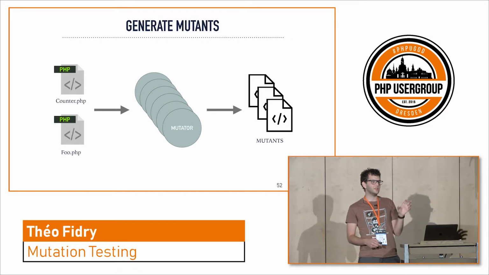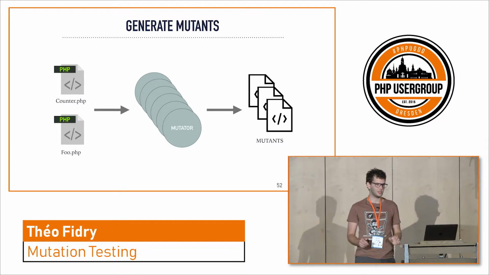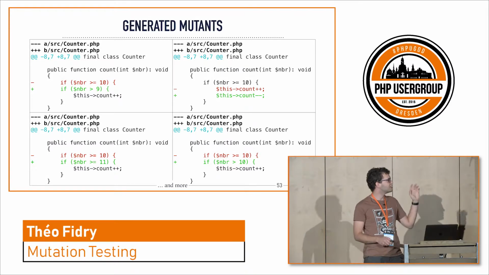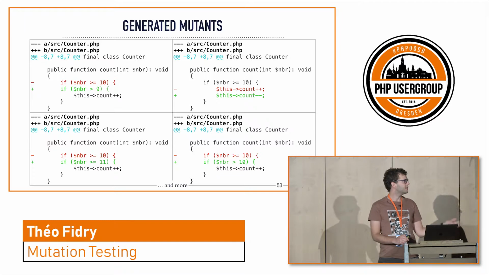At that point, a mutant is just the information of changing one piece of code into another, but the code has not been changed yet. We just recorded those modifications, but we didn't apply them yet. Examples of mutants with the previous code: changing the number from 10 to 9, superior or equal to superior, or instead of incrementing the count, we decrement it. There are tons more mutators, so those are just a couple.